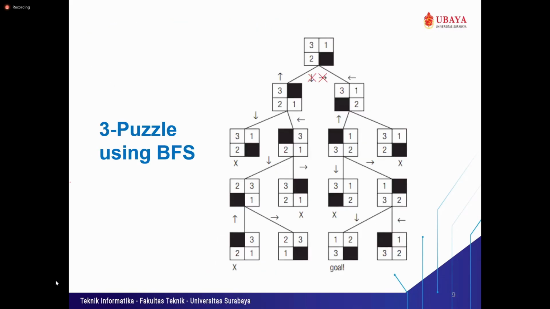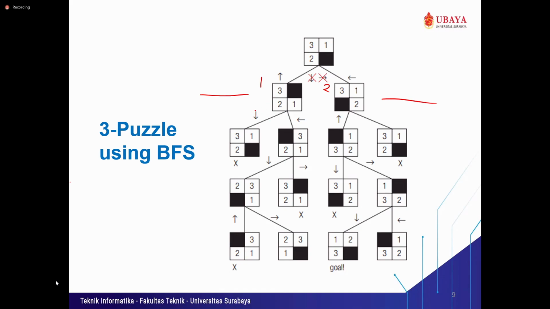If you use BFS in the tree puzzle from beforehand, for example here, we cannot go down or right, so we either go up and then go left. It tries the same level first, and then for each one, it will try the available movements.